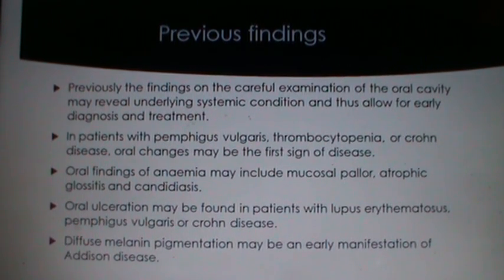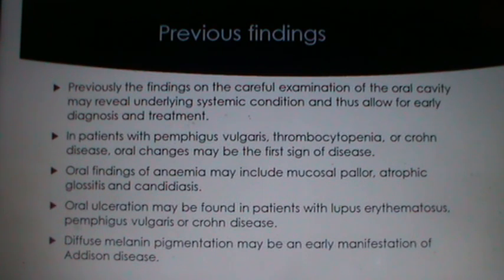Oral findings of anemia may include mucosal pallor, atrophic glossitis, and candidiasis. Oral ulcerations may be found in patients with lupus erythematosus, pemphigus vulgaris, and Crohn's disease. Diffuse melanin pigmentation may be an early manifestation of Addison's disease.